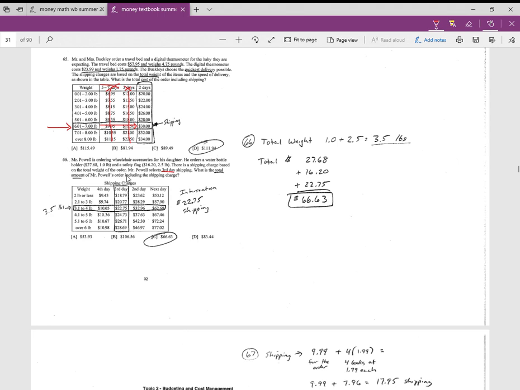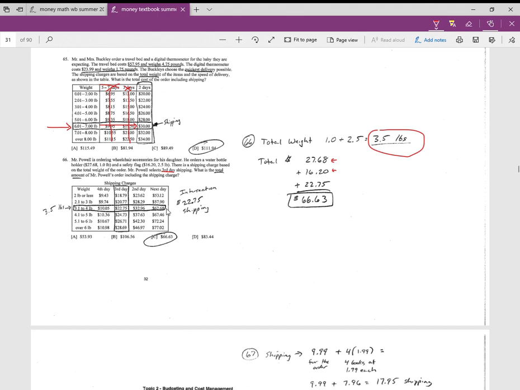Okay, so basically this is the same problem. We have the cost of the water bottle holder and the cost of the flag, so those 2 costs are going to be involved. We need to find the 3rd cost, which is the shipping. We add the weight of the 2 and add them up. It's 3.5 pounds, so that's going to land in this category.